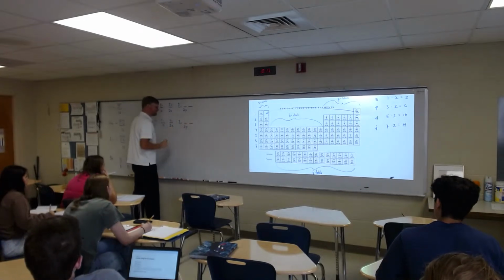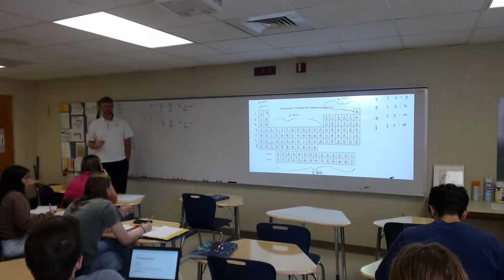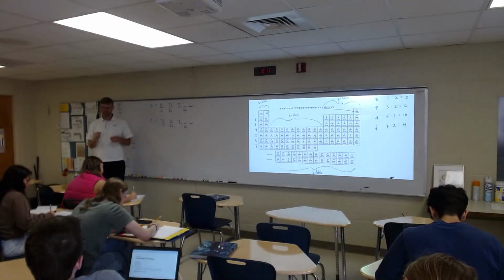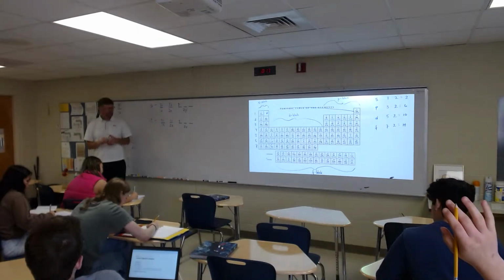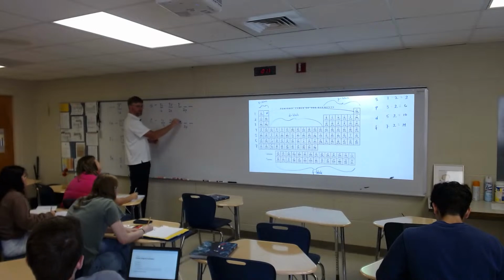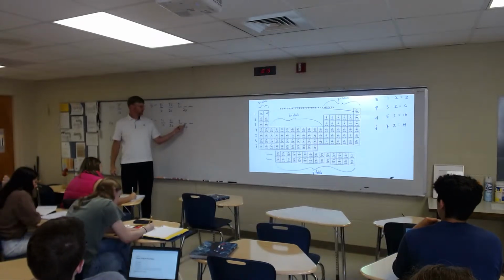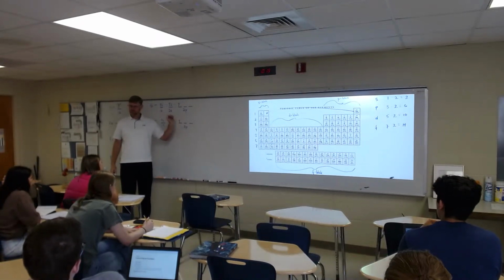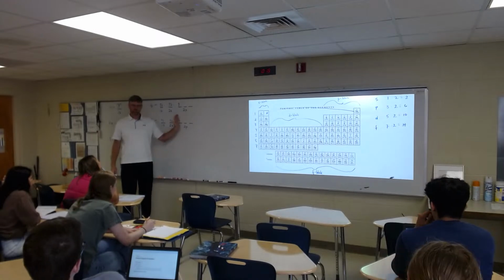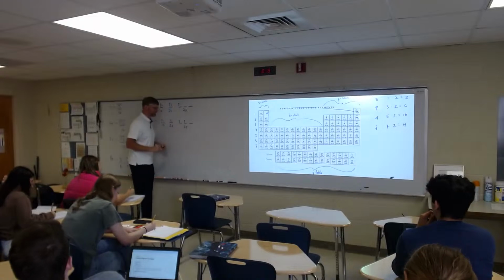The question is, where does the 6th one go? There are 2 guesses that make sense. Is it down the same line, either there pointing down or here pointing up, right? This is where Hund's rule comes in. These three orbitals have the same energy. Hund's rule says you have to put one in each before you pair them up. So this electron goes there. 6.